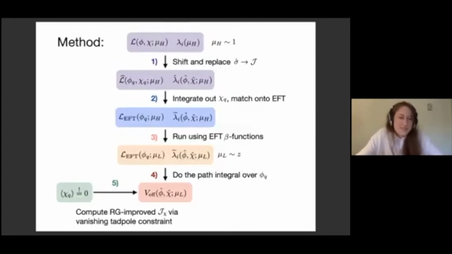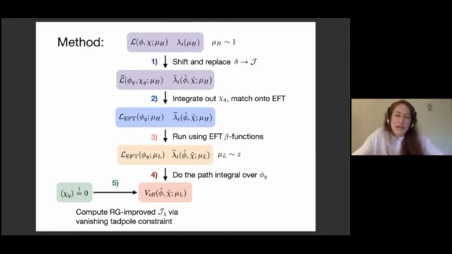So this brings me to our method. Here I've written a diagram of the step-by-step procedure, and you can view this as a refined version of the super schematic diagram that I gave at the beginning of the talk.